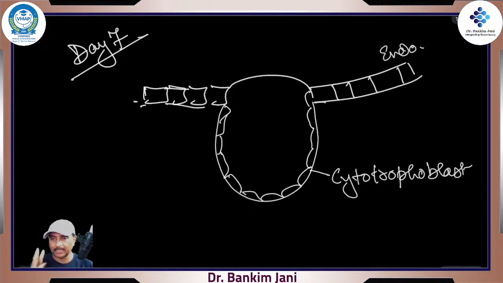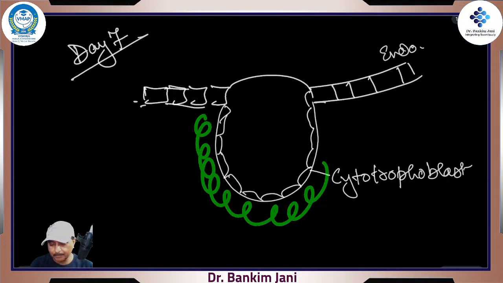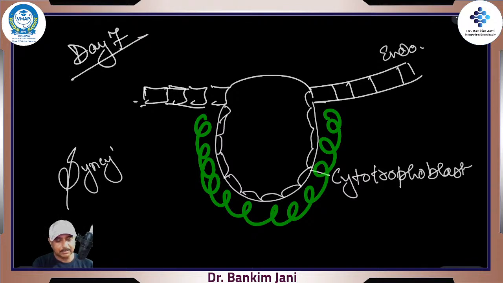There will be two types: the cytotrophoblast and the syncytiotrophoblast. The syncytiotrophoblast will be surrounding this, because now the environment is getting created, since the placenta is to be formed, with increased blood vessels. So this would be the syncytiotrophoblast.